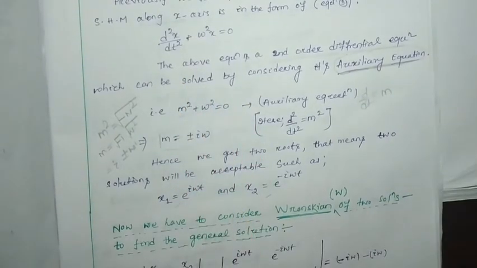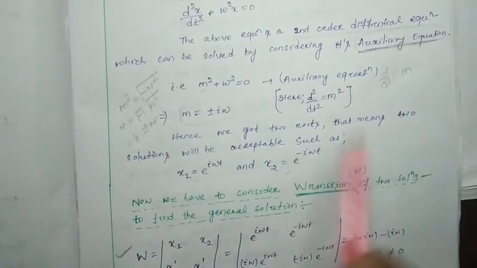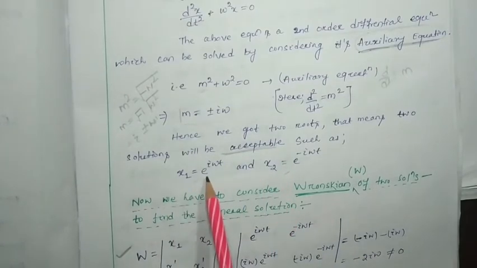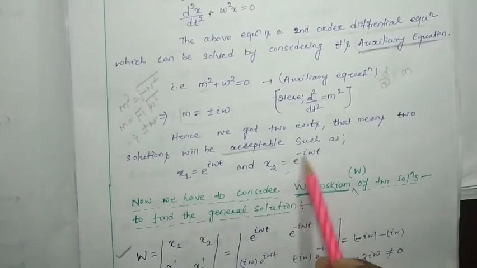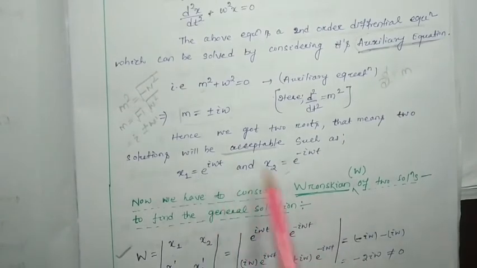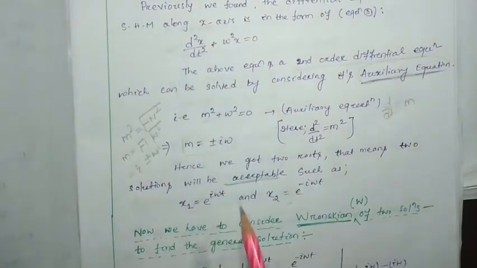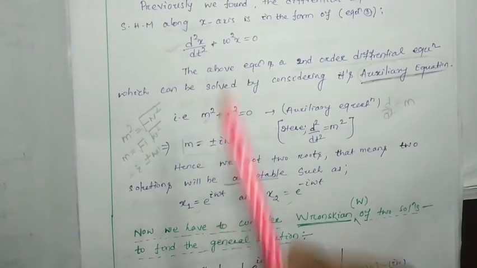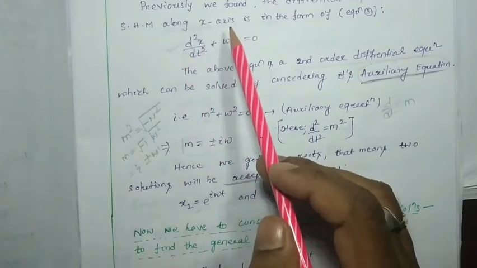Hence, if we got 2 roots, then 2 solutions will be acceptable. The 2 solutions are x1 equal to e to the power i omega t and x2 equal to e to the power minus i omega t. These 2 solutions satisfy this differential equation, and both can be accepted as solutions.